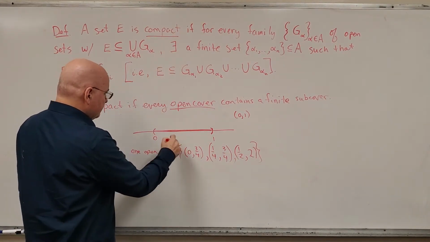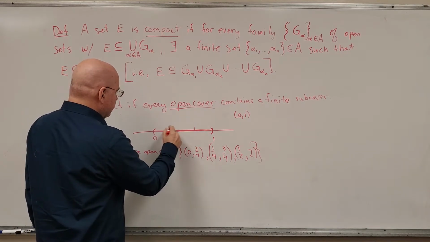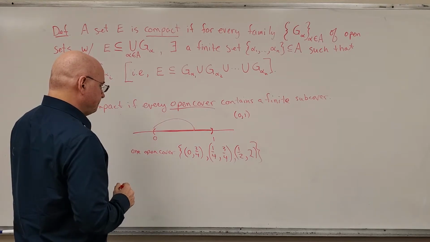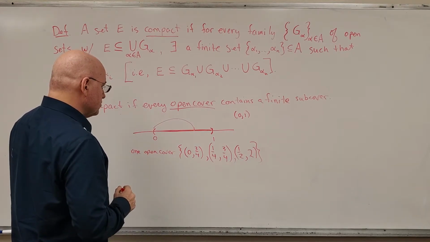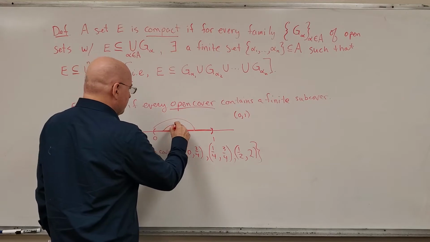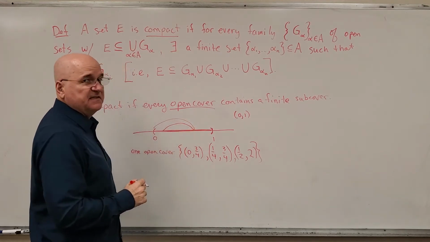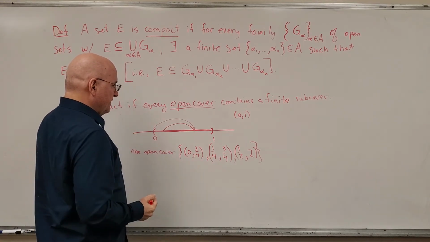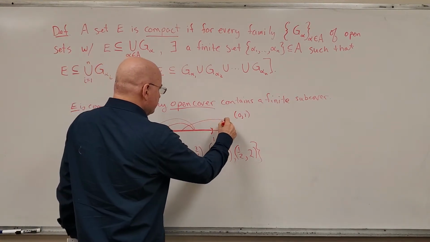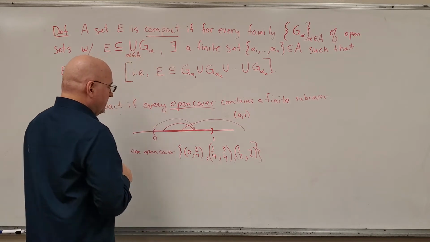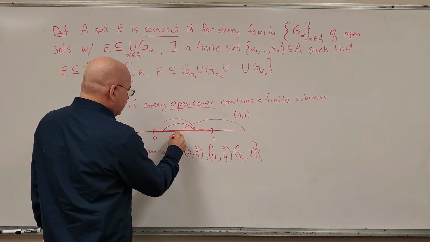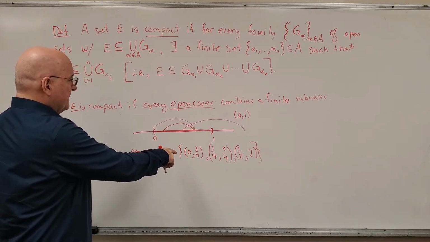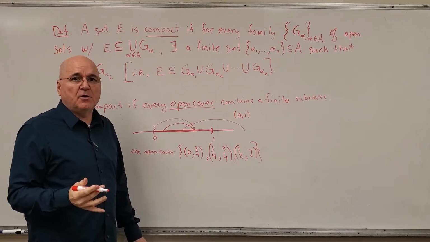You can picture that 0 to 3/4 goes to about there. 1/4 to 3/4 goes about there. That set didn't really contribute anything, did it? If we union these two together. And then 1/2 to 2 would look something like that. So this interval is completely contained in the union. And so this is a finite cover already.